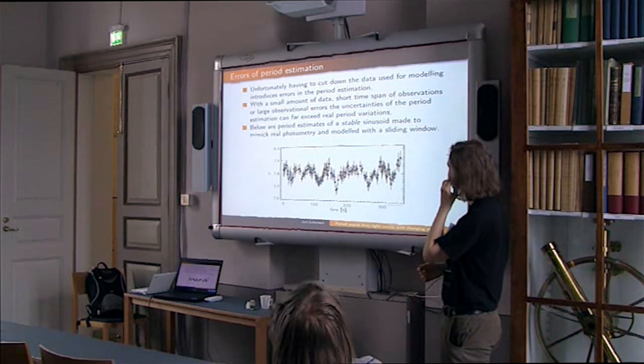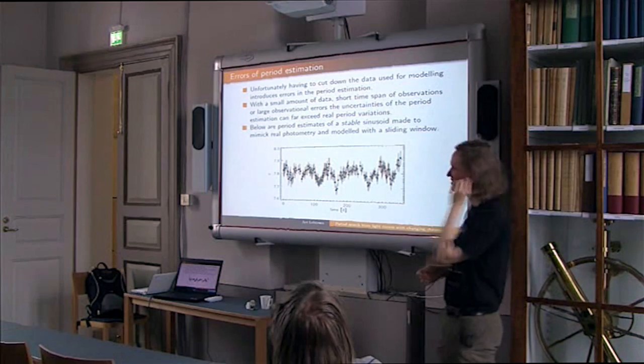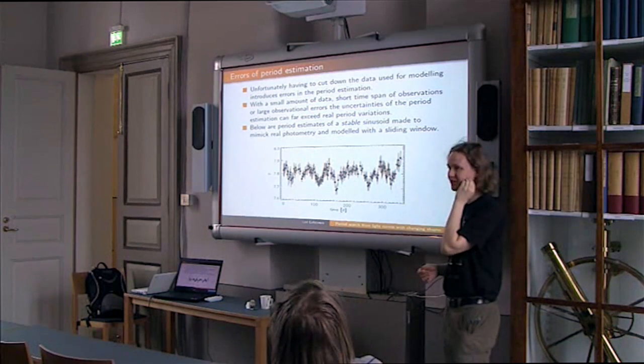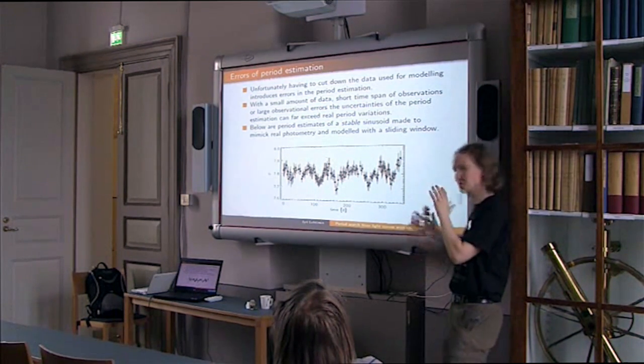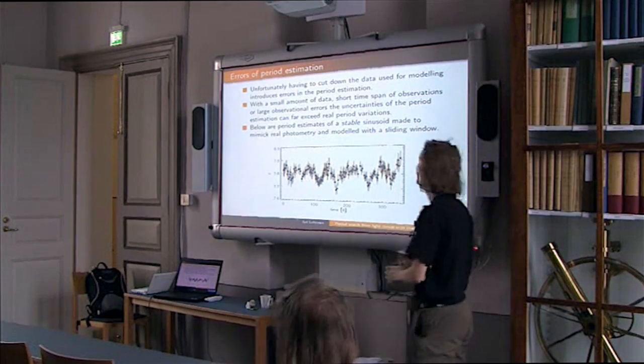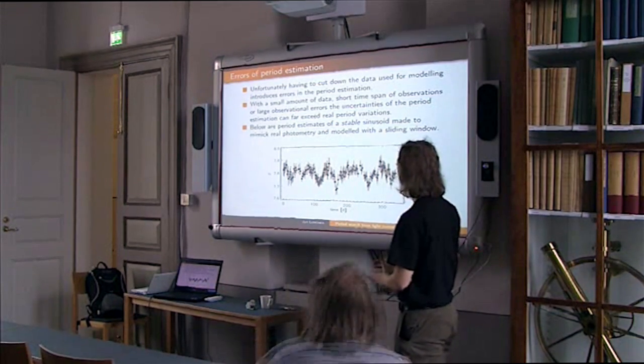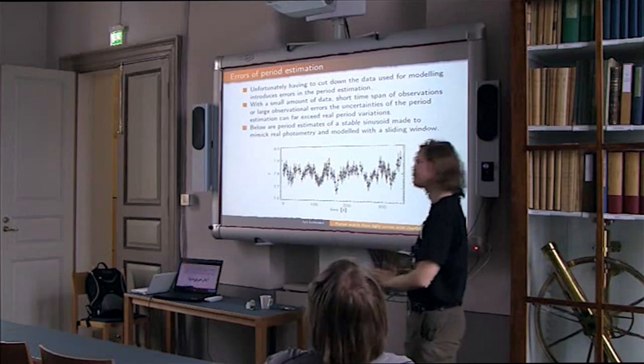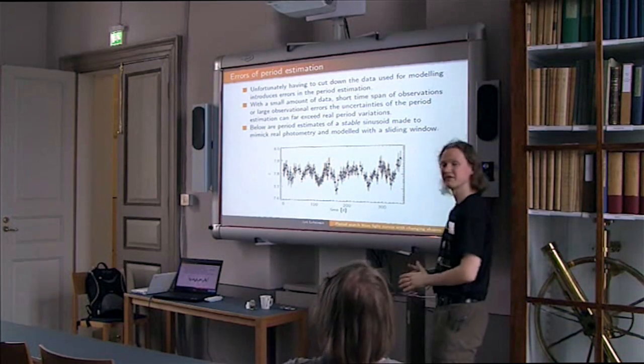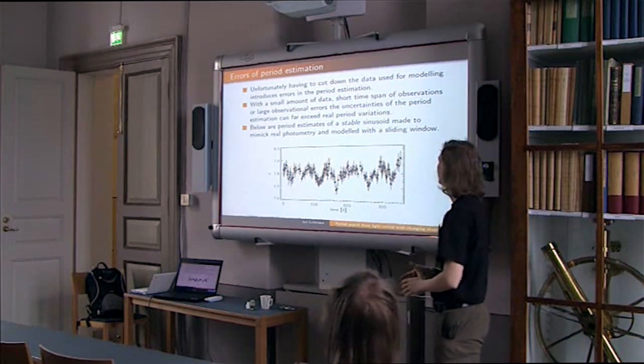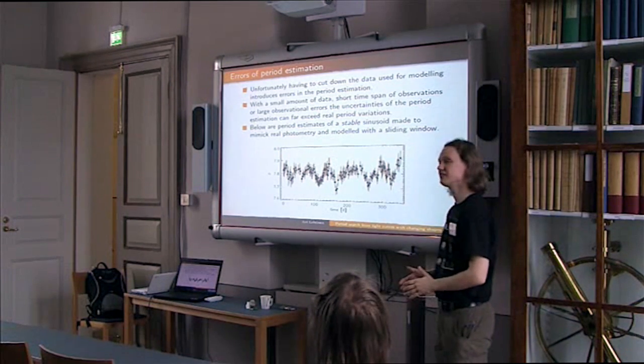So if you want to get the periods out and do analysis with the periods and the period changes, you have to notice that also your analysis method creates period variations. And these can be quite significant.